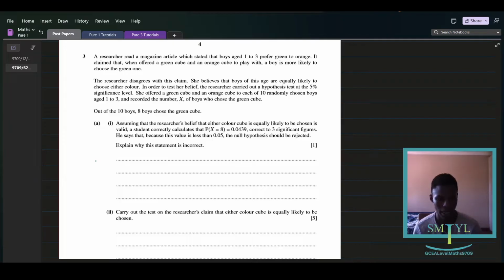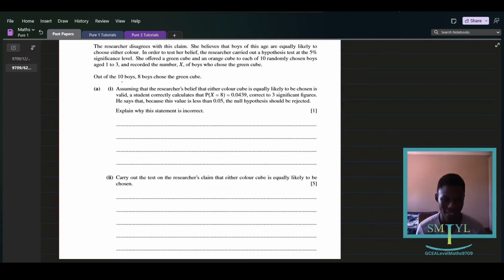Part A, Part 1. Assuming that the researcher's belief that either color cube is equally likely to be chosen is valid, a student correctly calculates that the probability that X equals 8 is equal to 0.0439, correct to 3 significant figures. He says that because this value is less than 0.05, the null hypothesis should be rejected. Explain why the statement is incorrect.